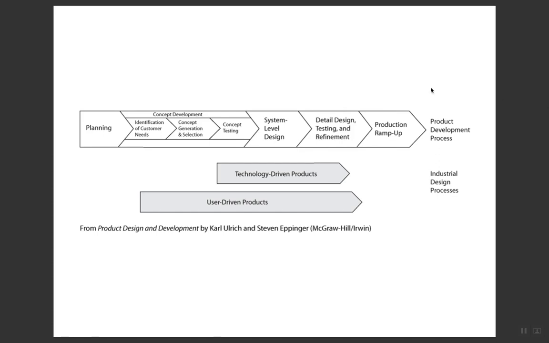So actually we have done the system level design, because you have done concept generations, concept selections, and also concept testing. Now we try to extend the product development process into the industrial design process.